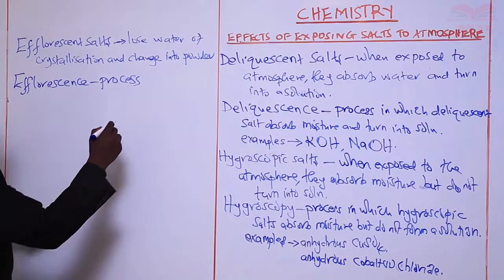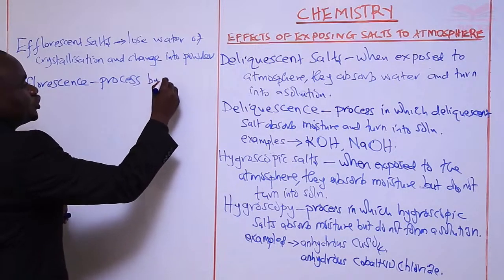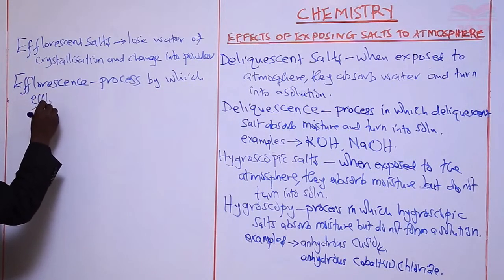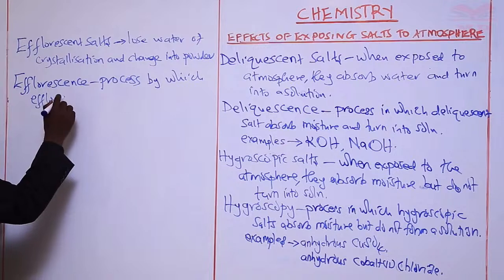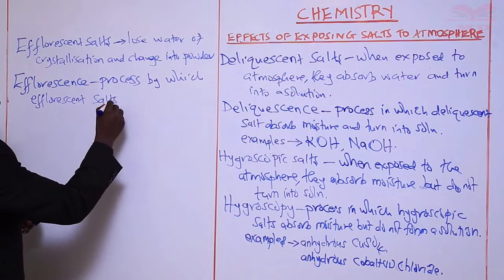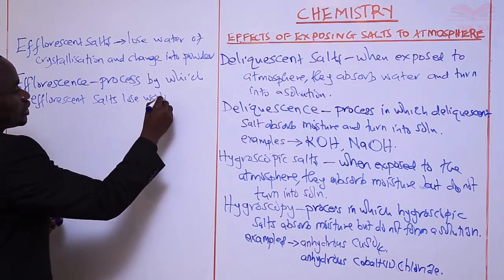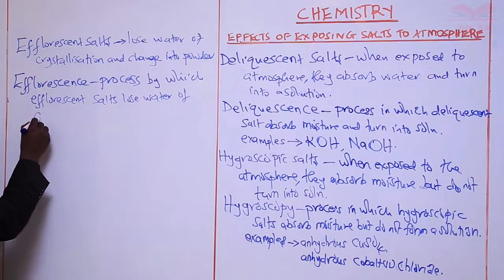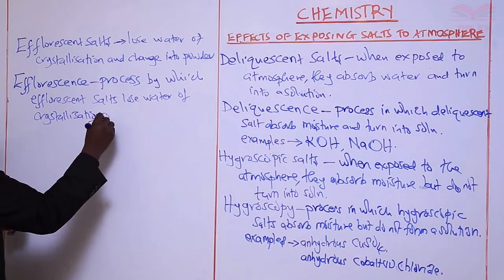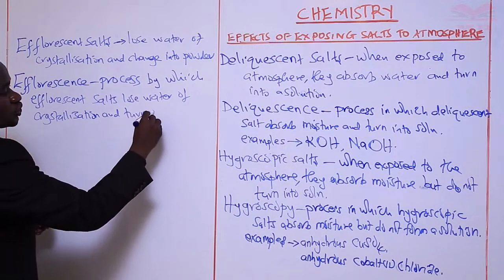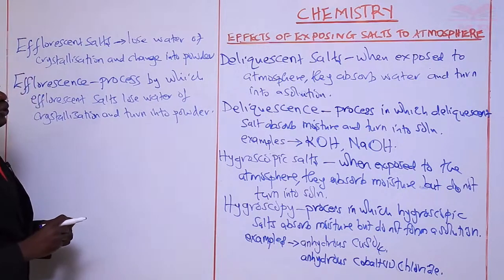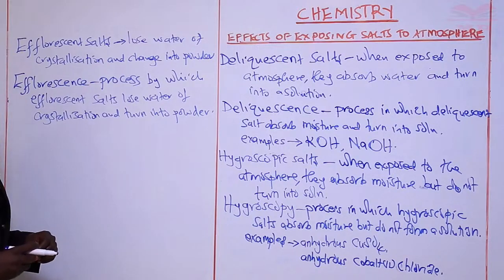So efflorescence is a process by which efflorescent salts lose water of crystallization and turn into powder.